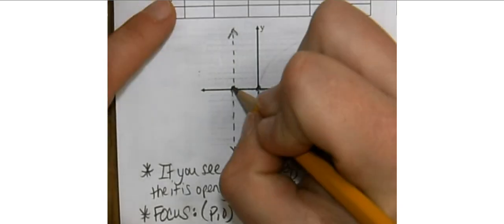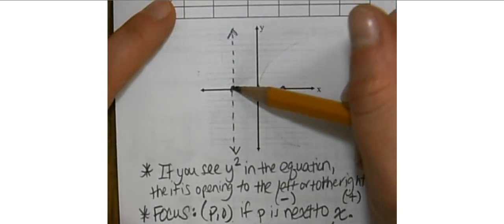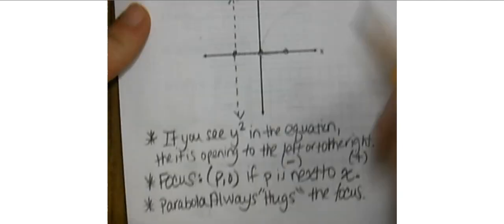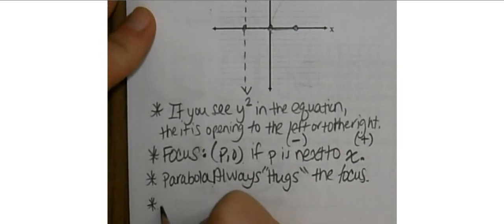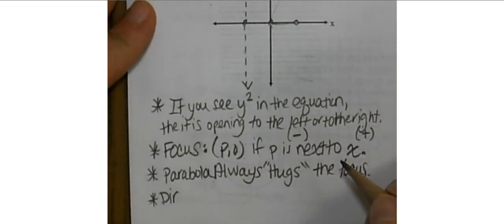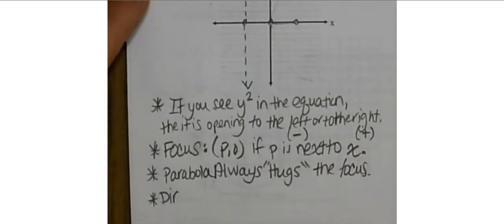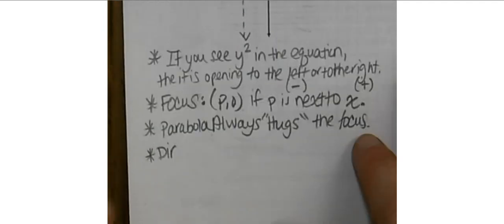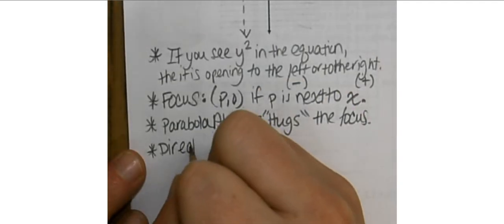A directrix is a line. It can either be vertical or horizontal depending on if our graph is pointing to the left, right, up, or down. In this case, because our graph is pointing to the right, we're going to have ourselves a directrix line that is vertical. So our directrix line is always going to be vertical if we have ourselves a parabola pointing to the left or right. So we have ourselves our directrix line.